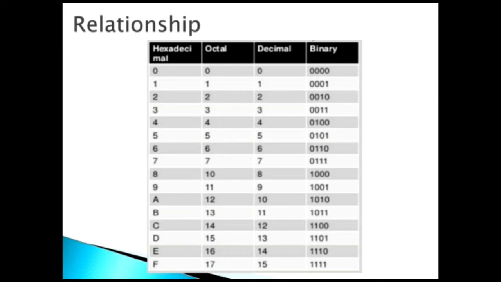In the hexadecimal number system, the digits start from 0 to 9, then alphabet A to F. In the case of the octal number system, digits start from 0 to 7, then 10 to 17. In the case of decimal, it is a digit. In the case of binary, it is a combination of 0 and 1 as shown in the table.